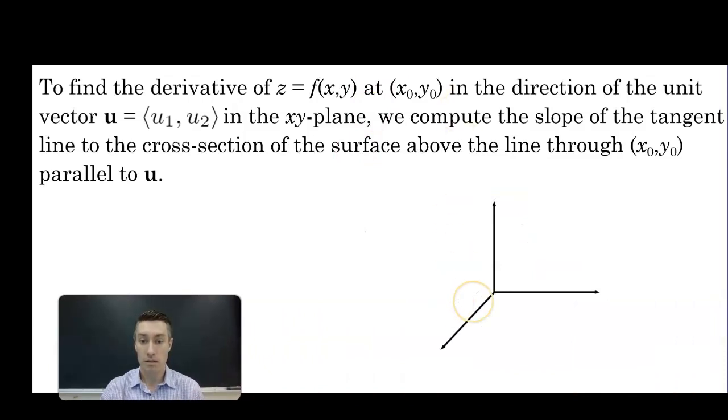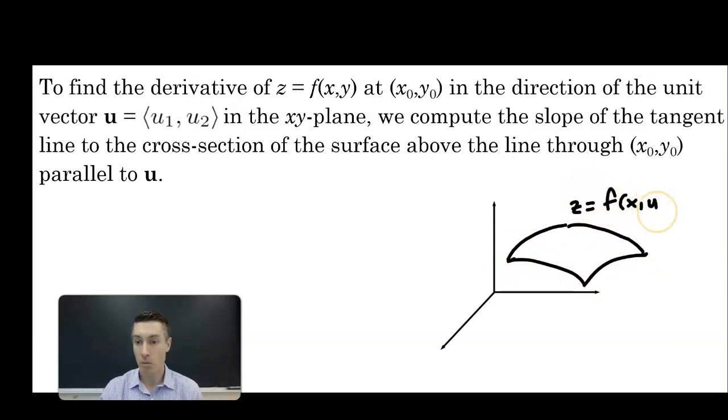So I'll move myself over here. So first let's sketch a surface in. So we'll keep the surface simple. And I want the surface to be black just so I can use other colors to mark it up. Okay, so there's our surface, z equals f of x, y.